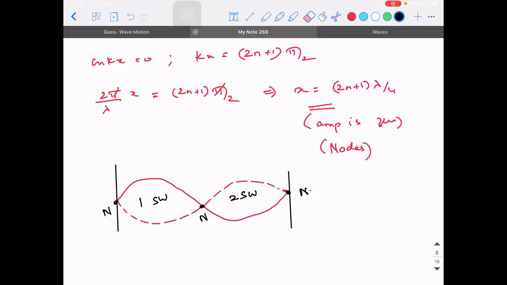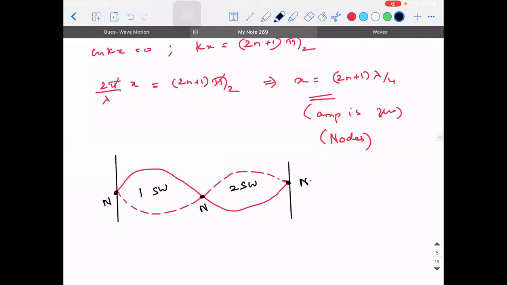I have drawn a continuous line and a broken one, right? The continuous one, if it is the incident wave, the broken one will be the reflected wave. They both superpose on each other and it will appear as if the wave is standing at a particular point. That is why it is called a standing or stationary wave.